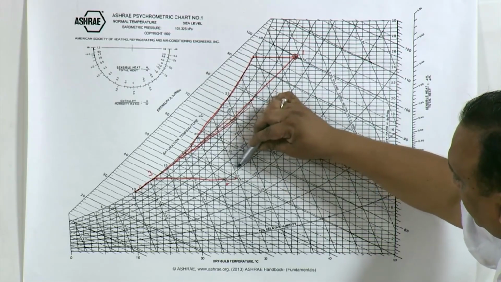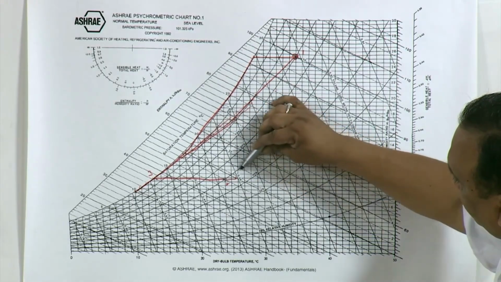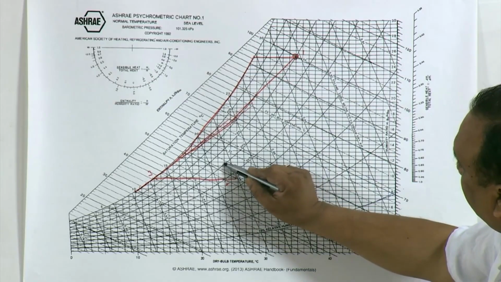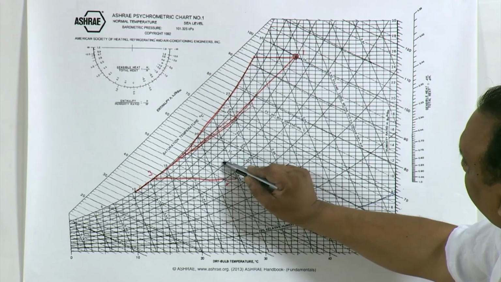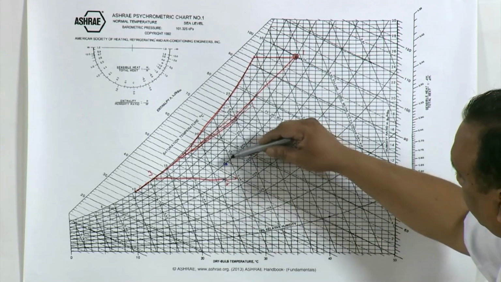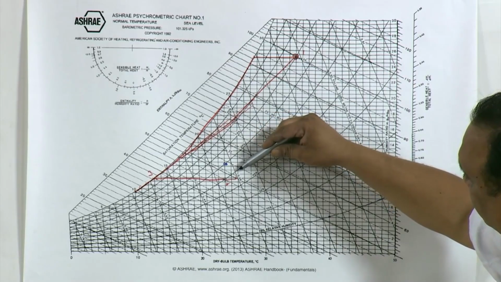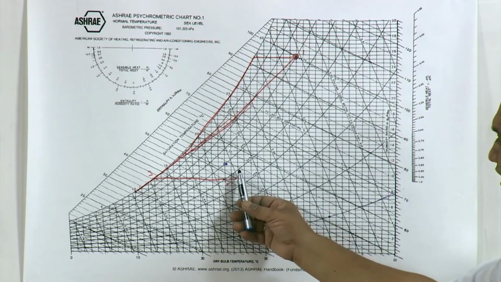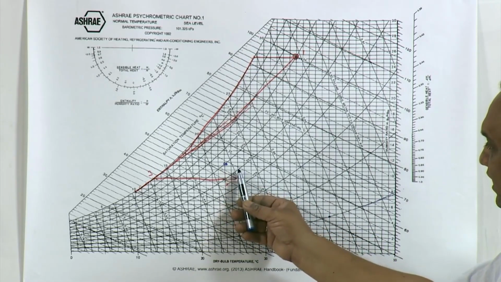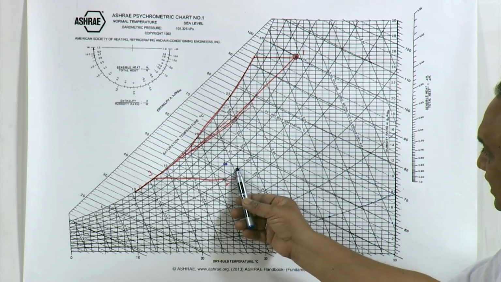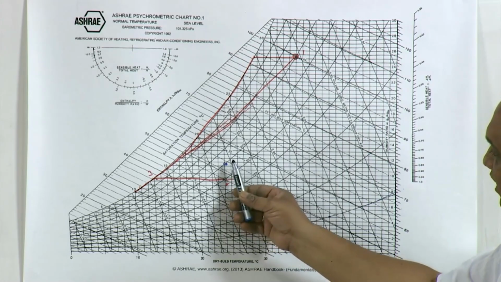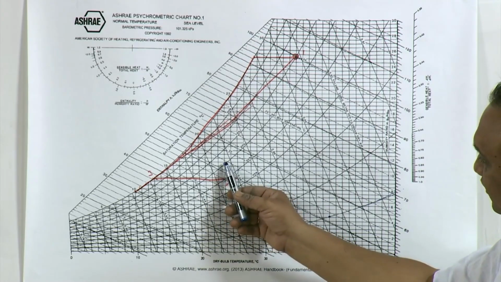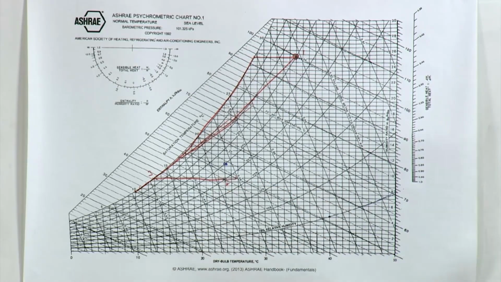In this situation, either at 24 degrees centigrade the relative humidity will be around 60%, or if you want to maintain the relative humidity, then the air will be at a slightly higher temperature of 26 degrees centigrade, either here or here. If you are maintaining humidity 50%, then temperature will be higher. If you are maintaining temperature as 24 degrees centigrade, in that case humidity will be higher.